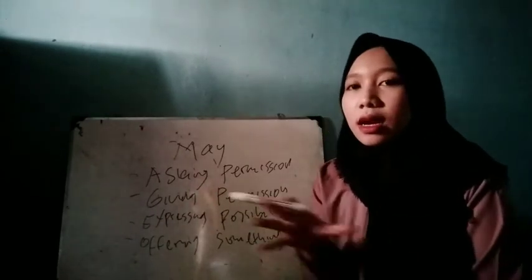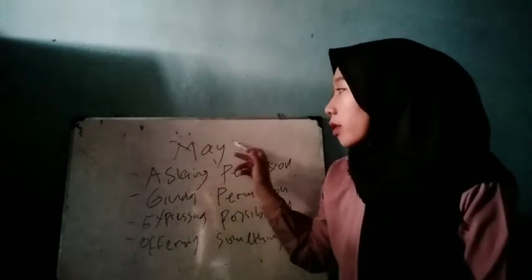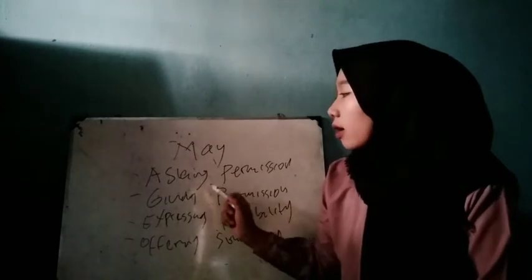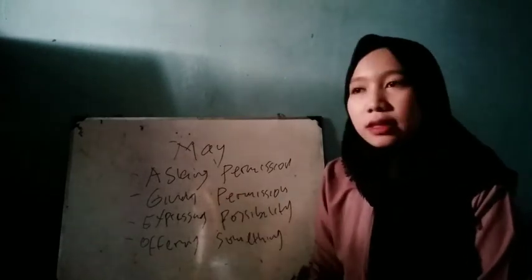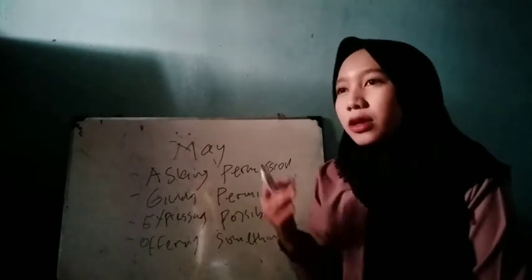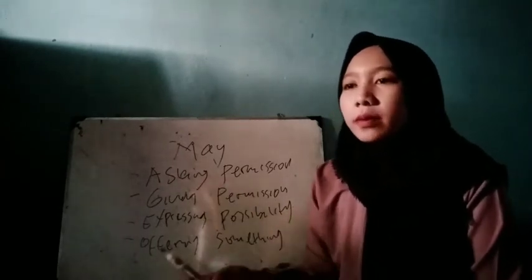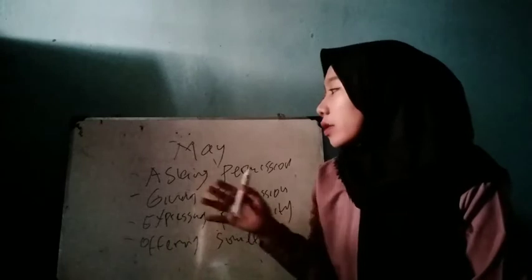That's the way you use may as a modal for asking for permission. For giving permission, you can say, you may sit here. You state to a person that you give them permission to sit here. So that's the way may refers to giving permission.